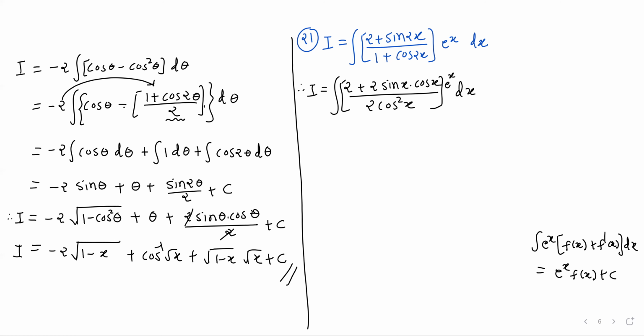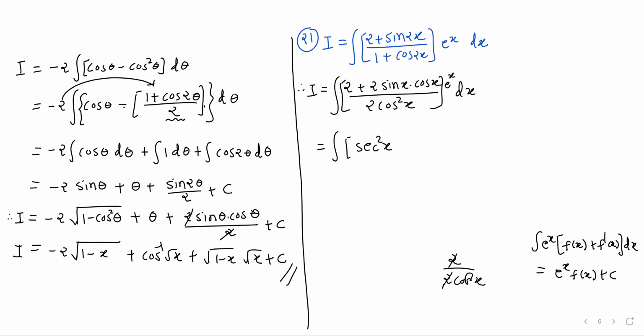Now to separate out individually. So 2 upon 2 cos square x. 2 gets cancelled. What about 1 upon cos square x? So we can write it here sec square x.